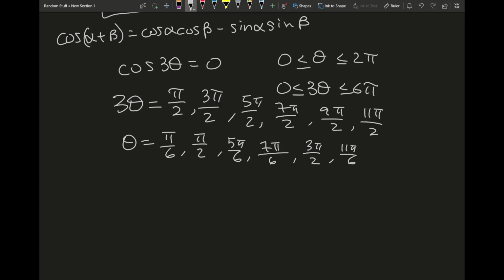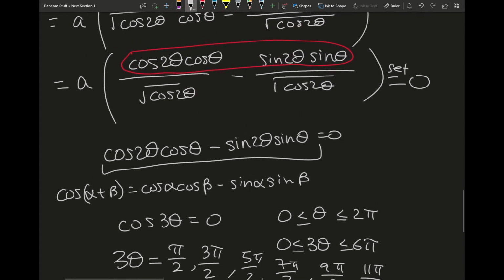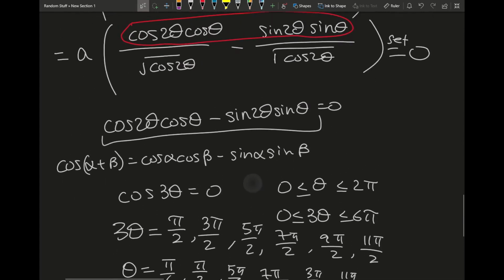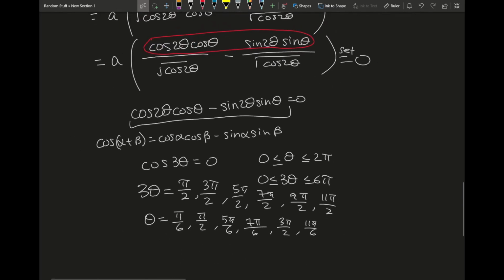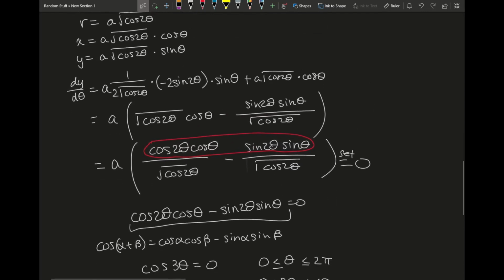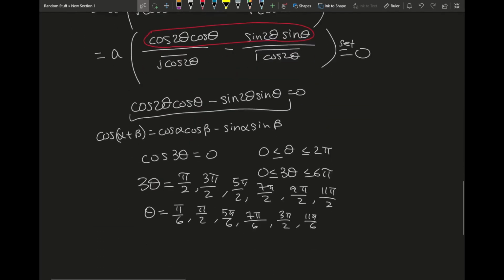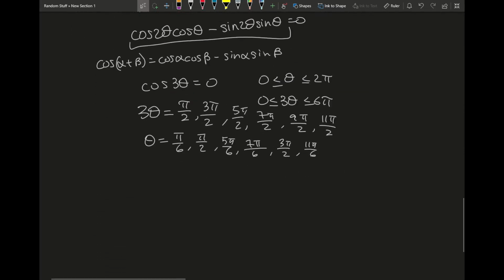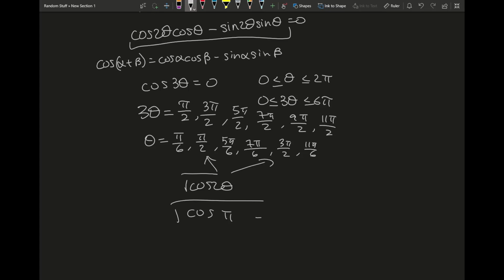Okay, so some of these ones don't work, because if we plug them back in, you notice it won't work, since we have the square root of cosine 2 theta. If we plug in pi over 2, you get square root of cosine of pi, which is the square root of negative 1, and we don't like that.